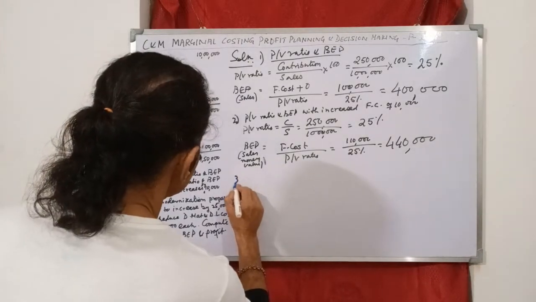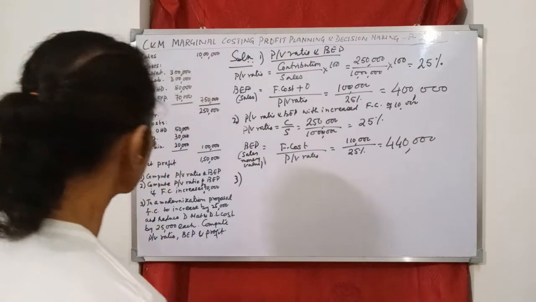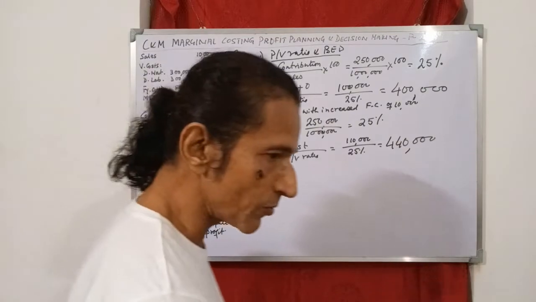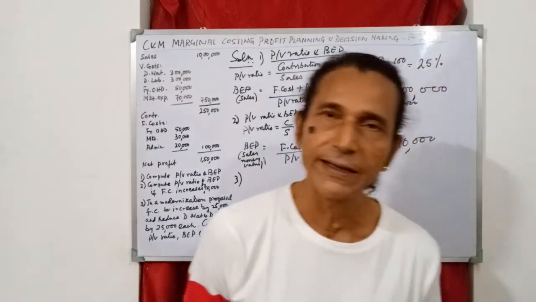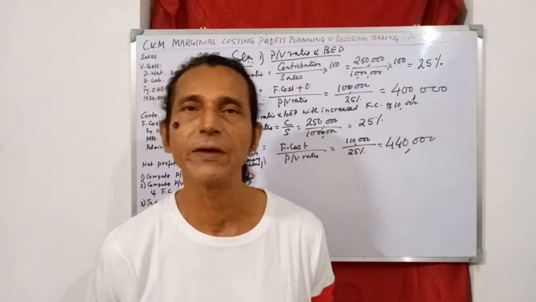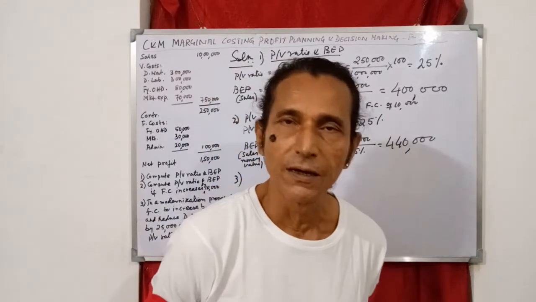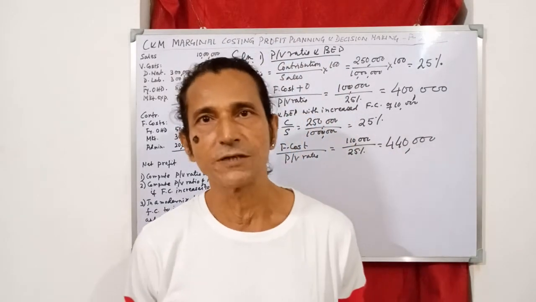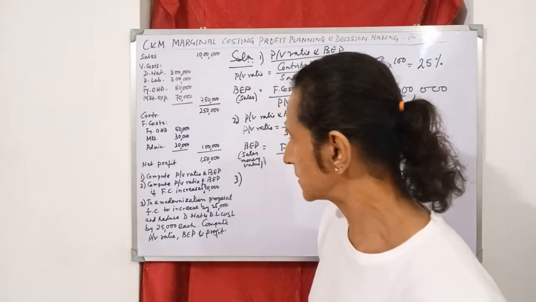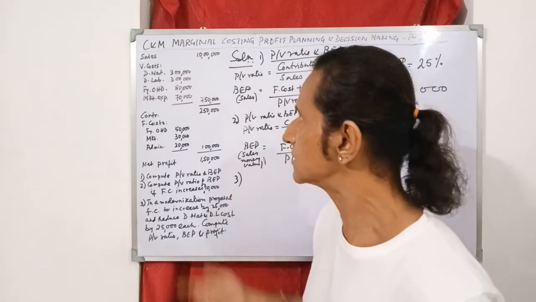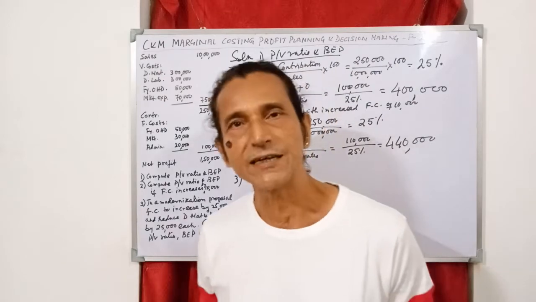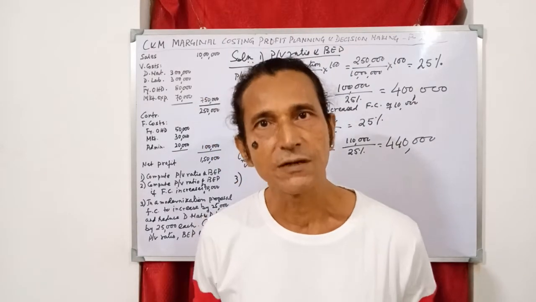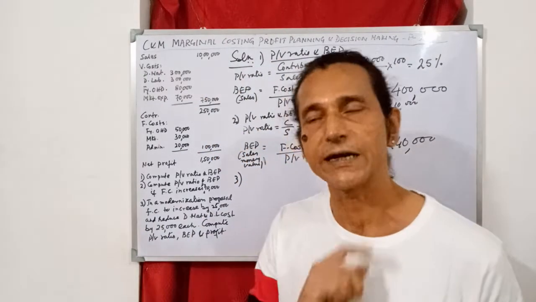Now come to part 3. What is part 3? In part 3 it is proposed that by incurring additional fixed cost, maybe by installing certain machines or any other technology, the firm is expecting that there will be reduction in direct material cost and direct labor cost by 25,000 in each category.